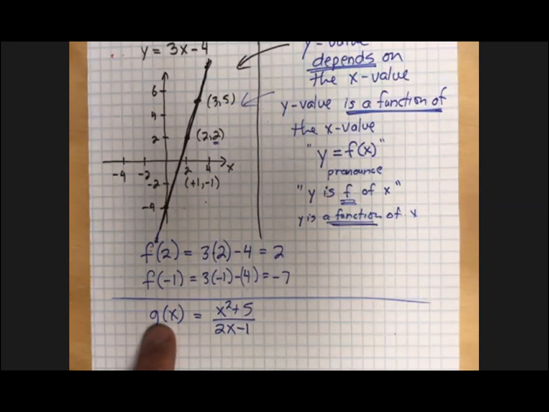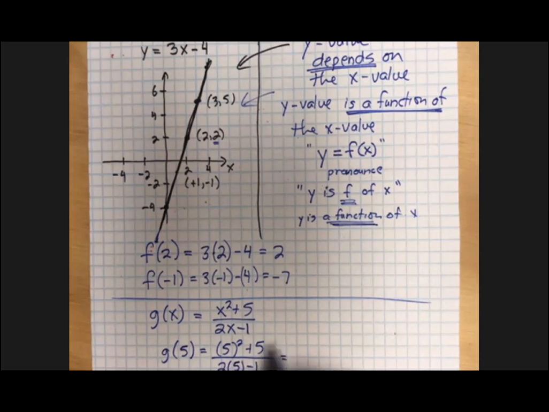But you can use any name you want for a function. You could call it d of x. But no matter what you call it, if someone says, okay, what does it do to 5? Then I have to follow the instructions. It squares the 5. It adds 5 more. And then it divides by 2 times 5, subtract 1.